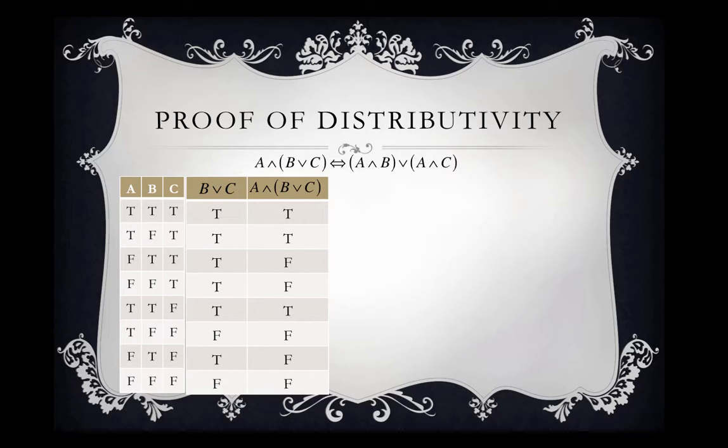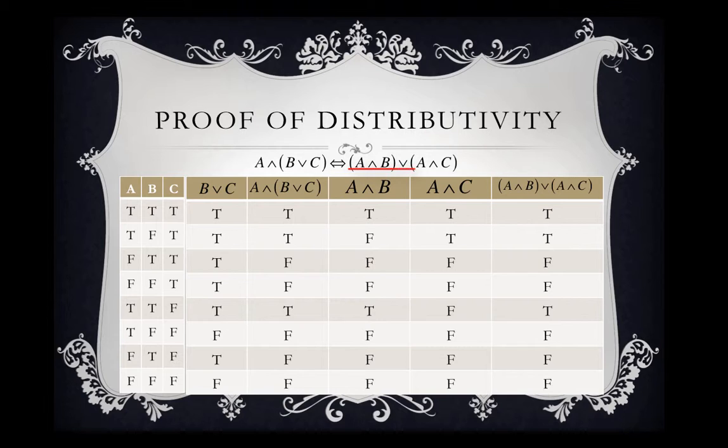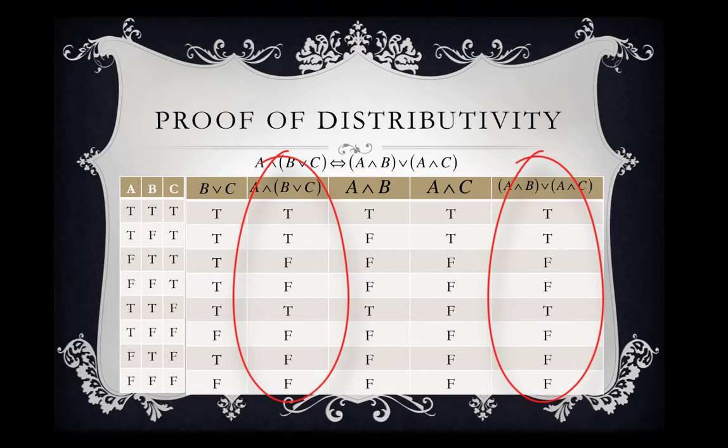Now going to the right side, we can do the A and B part, as well as the A and C part. And lastly, we see when is (A and B) or (A and C) true. What you'll notice is that the left side's and the right side's truth tables are exactly the same.